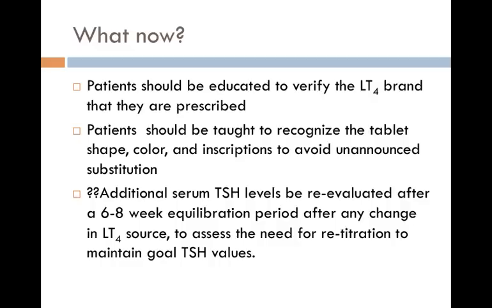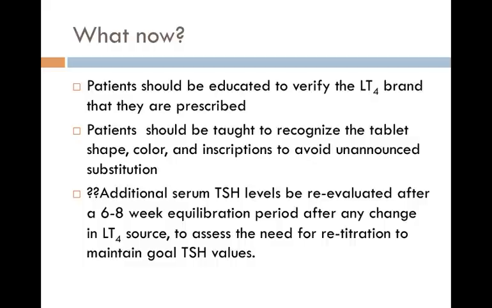So what does this mean to us? Well, patients need to be educated to be able to verify their brand of levothyroxine. They should know what it looks like, and make sure that if the pill changes at all, they are educated about that. And they shouldn't be changing, in my opinion, between products.